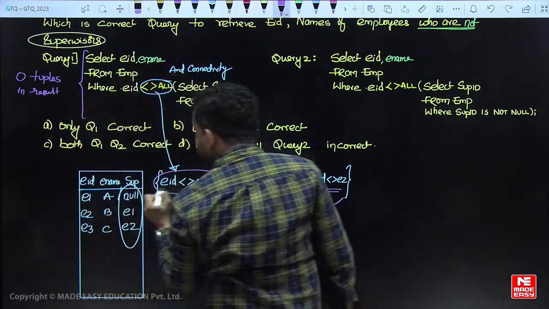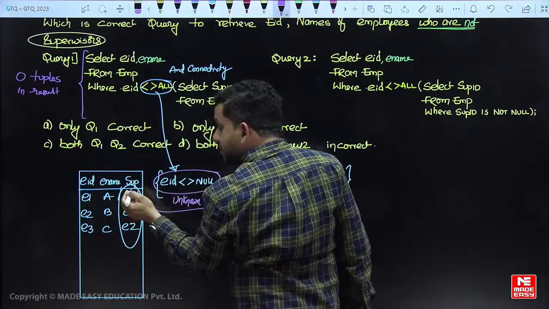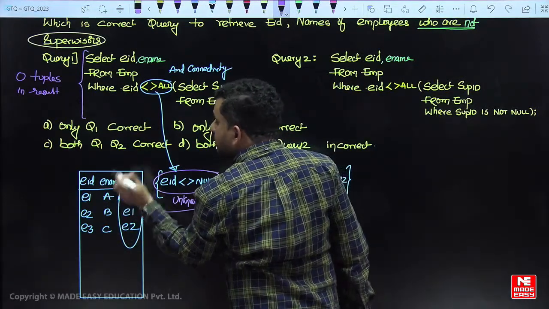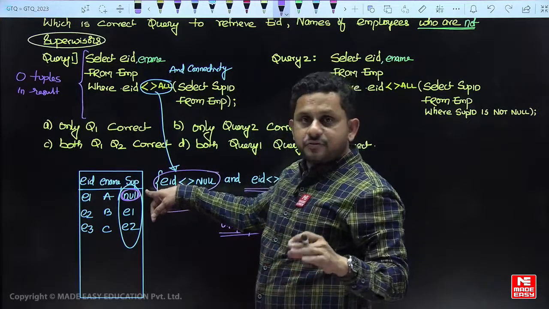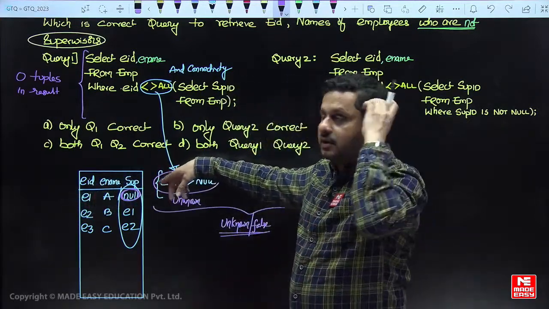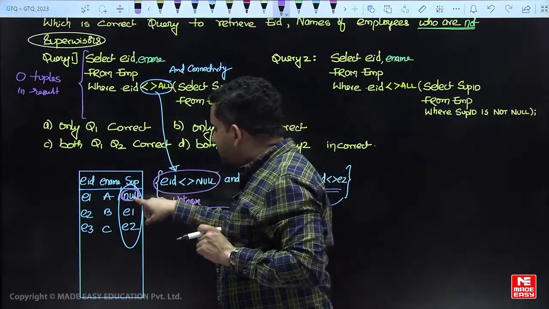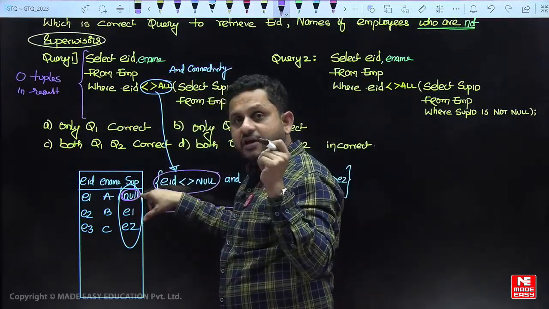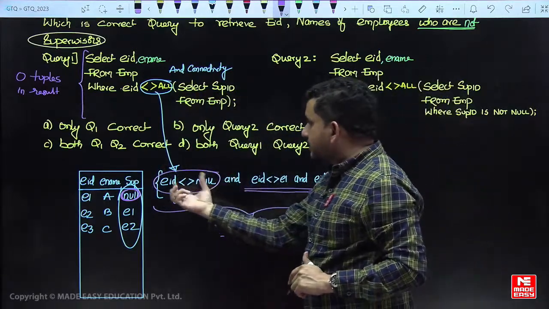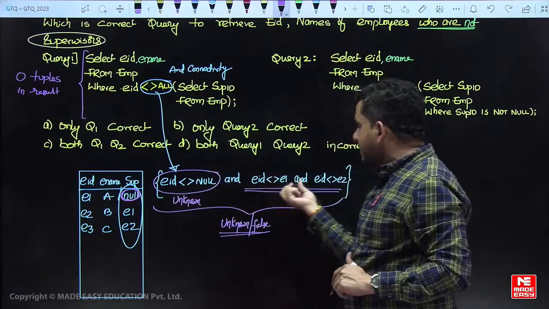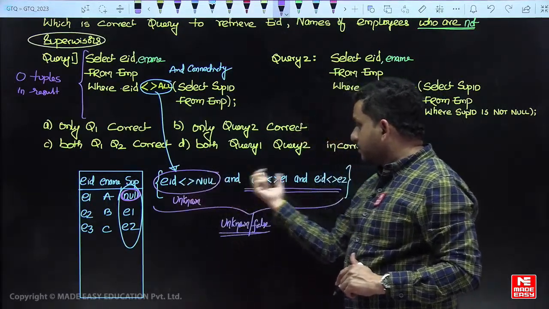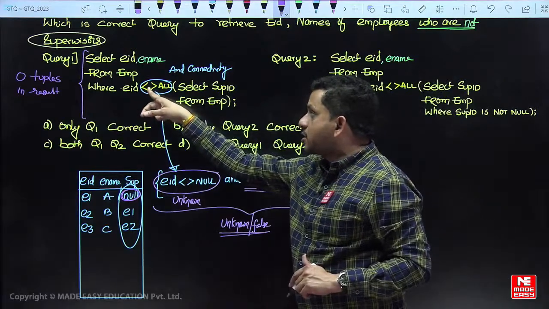In case no supervisor attribute value is null, if every employee has some supervisor, then both are correct. But in case some supervisor ID value is null, then the first query gives an empty set, because of the AND connectivity for the not equal comparison.